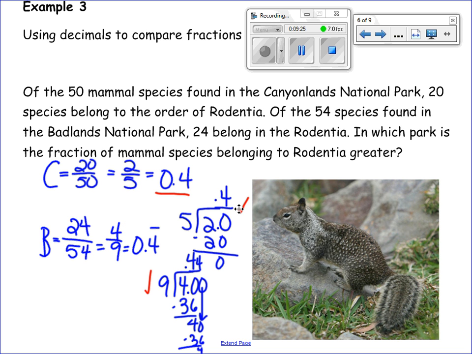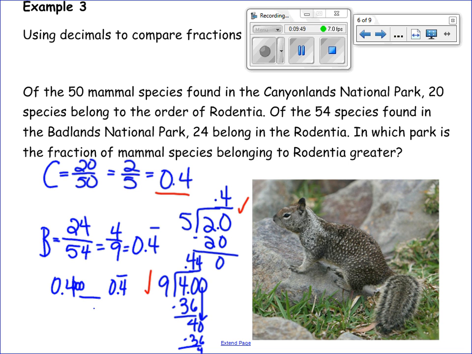Now we're going to compare 4/10 to 4/10 with the bar notation over it. Note that the 4/10 has invisible zeros after it, and the one with the bar notation would be 4s continuing.